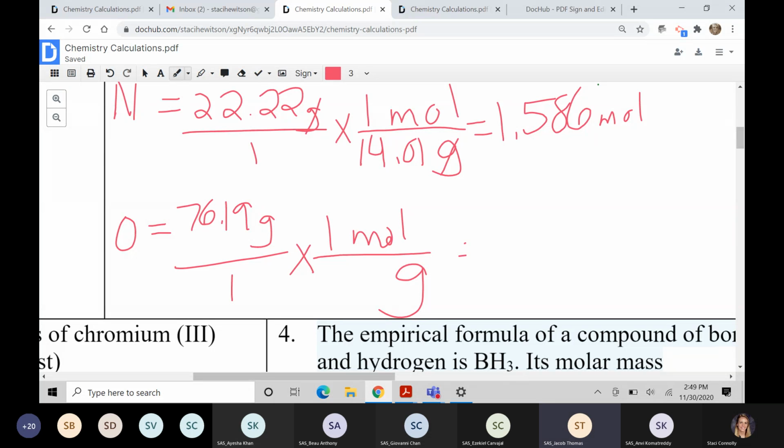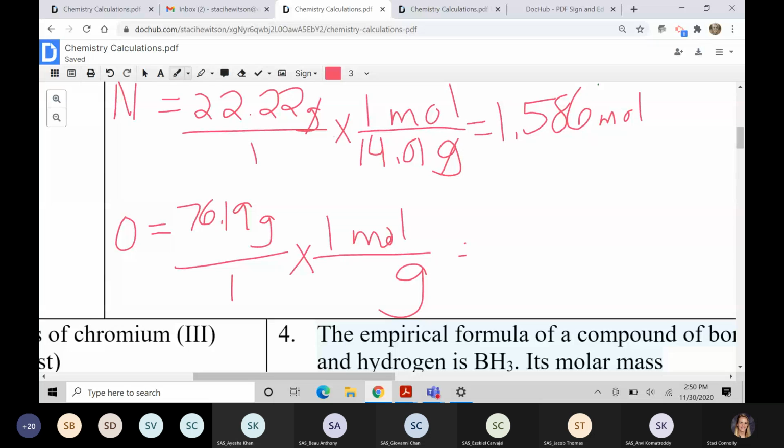Wait, are you sure you're looking at oxygen? On the periodic table? Do you have a periodic table, Jacob? Should I come back to you? All right, Jacob, I'm going to come back to you.